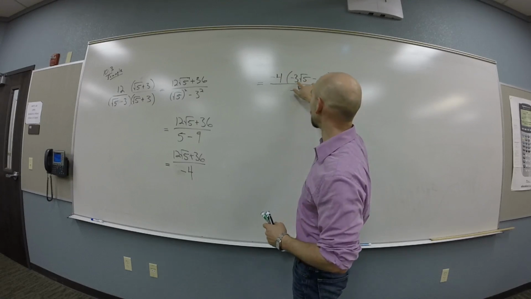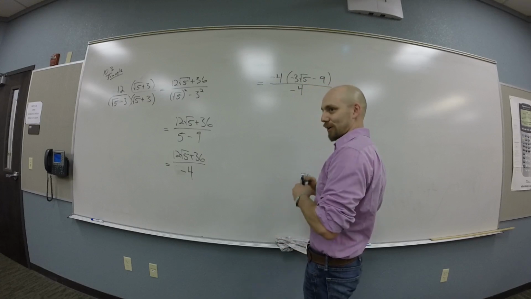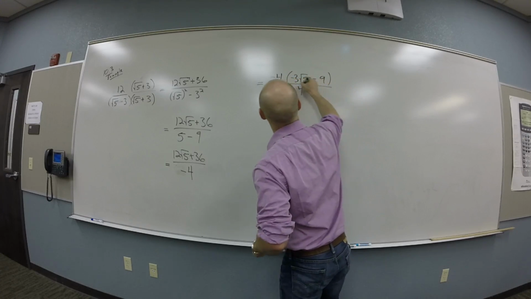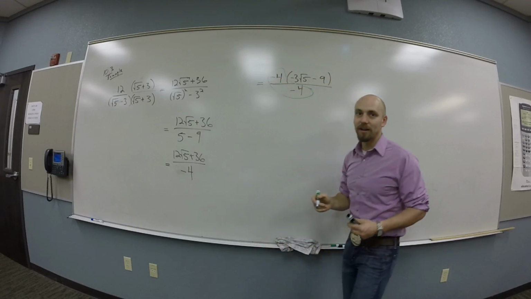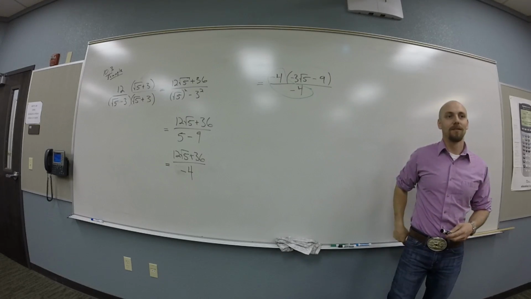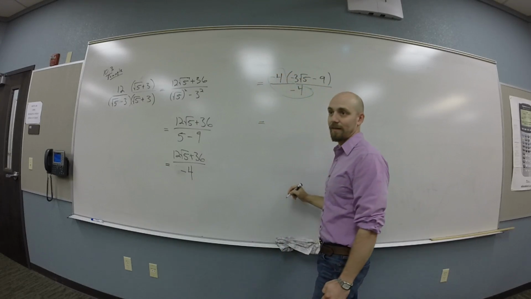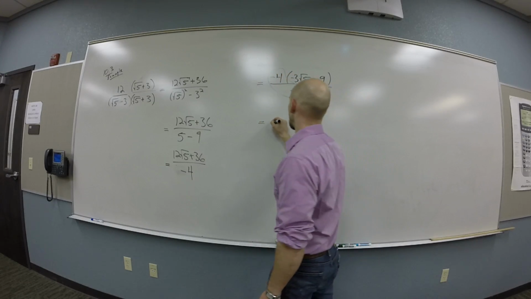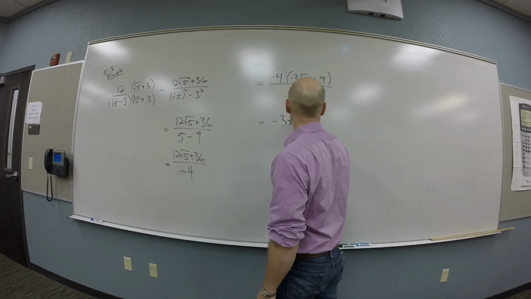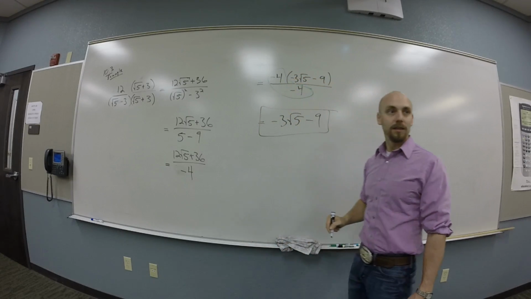So I factored a -4 out of the top, right? I haven't changed anything up there. You're jumping ahead, aren't you, Zach? Okay, so at my next step, I'm left with what? -3 root 5 minus 9. And that's your answer? And that is the best I can do.